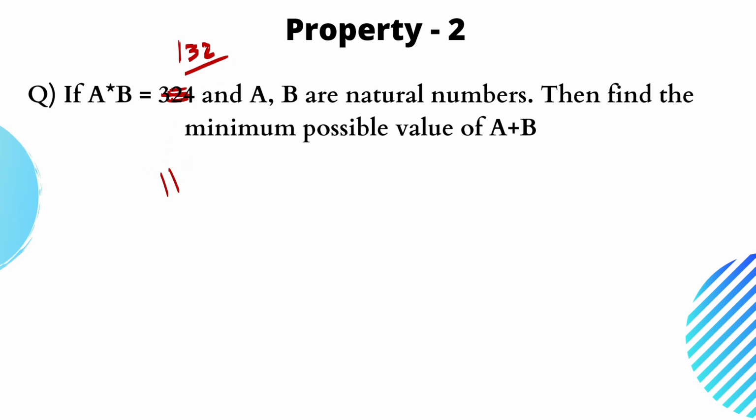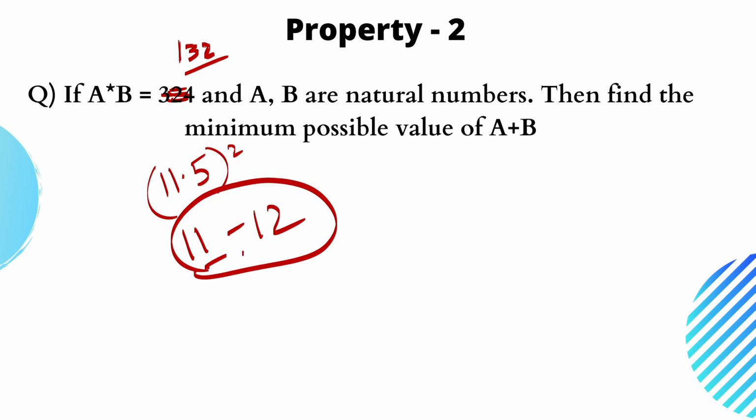However, 132 is almost 11.5 squared, so it lies between 11 and 12. So these are the values which are as close as possible. So 11 + 12 is the minimum possible value for a + b in the 132 case. So 11 + 12 is equal to 23. 23 is the minimum possible value for a + b in this case.